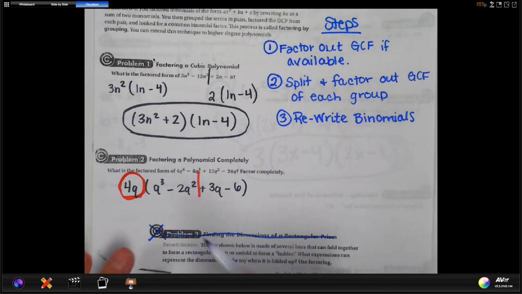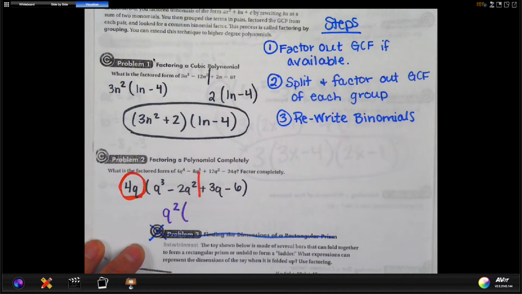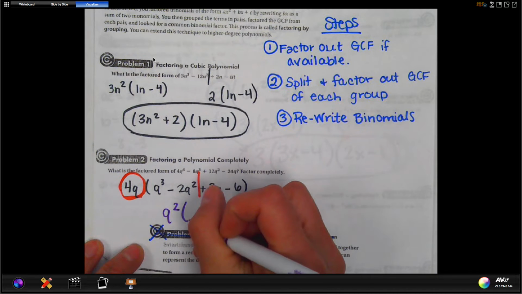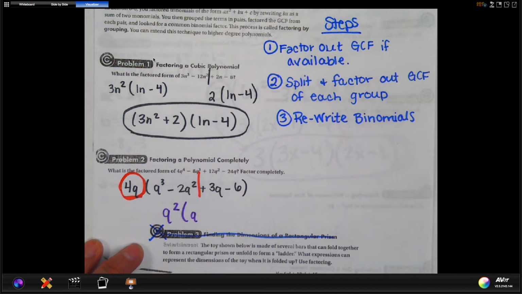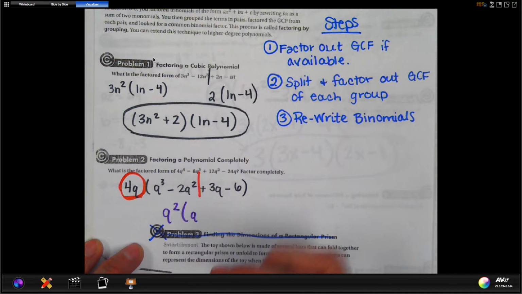Yep. So q squared, and then I would be left with q to the 1 power, just q, right? And then what would I be left with? Yeah, negative 2.